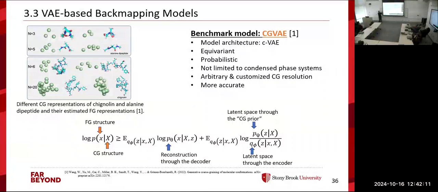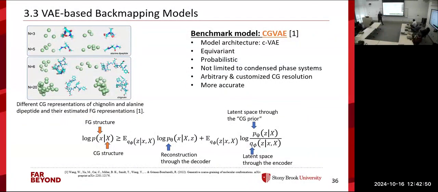Now, why am I saying all this? Because the reference model that we'll be using for our backmapping techniques does use conditional variational autoencoders. As a matter of fact, this model, CGVAE, is going to be our benchmark for multiple reasons. Number one, it's equivariant, probabilistic, not limited to condensed phase systems. It is more accurate than all of its predecessors, and unlike all of its successors, at least all of them that I know of, it can have an arbitrary and customized CG resolution.